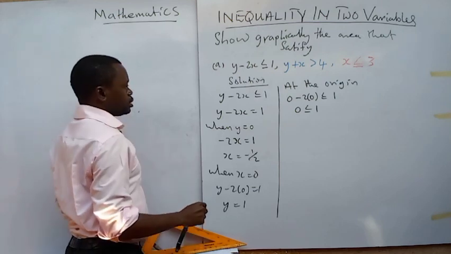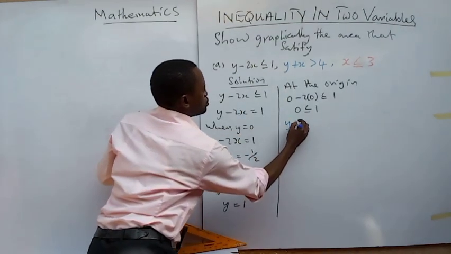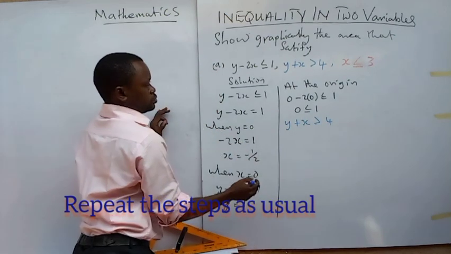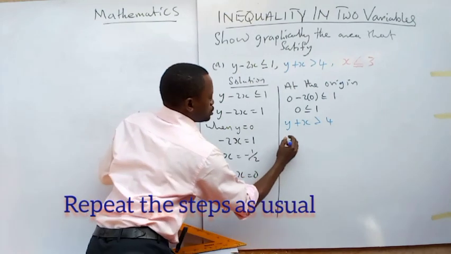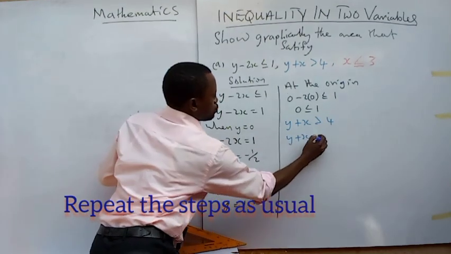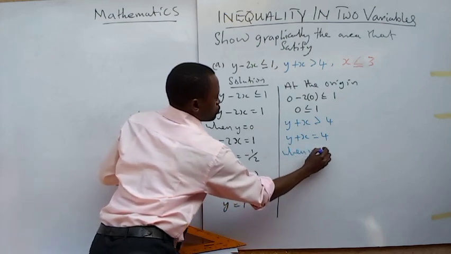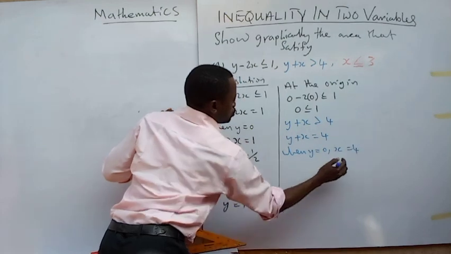So I will come back here and say y plus x is greater than 4. I will rewrite it again as a linear equation, that y plus x equals 4. Then when y is equal to 0, you can see here that x will be equal to 4.